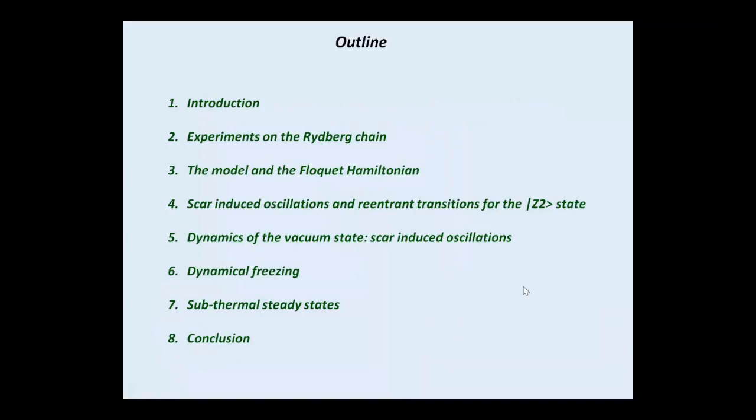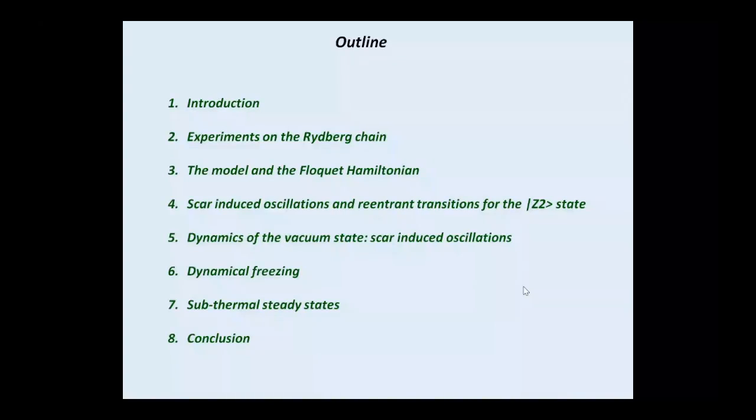So here is a brief outline of the talk. First, I'm going to introduce the subject a bit and talk about why these experiments on Rydberg atoms have attracted so much recent attention, and in the process introduce something called quantum scars.